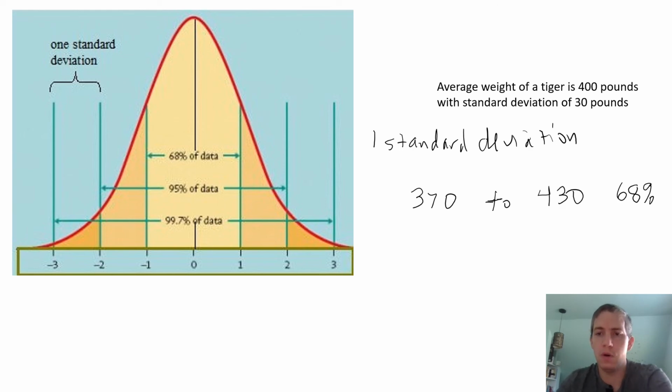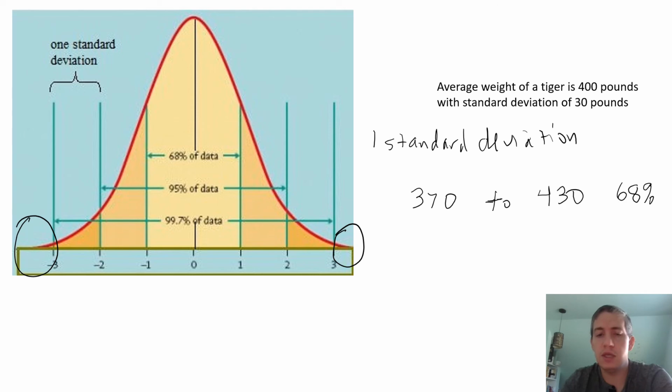Now, why that's important is because if you were to find an adult tiger who is 550 pounds, they are in that very, very small tail on both sides of this graph. And what that means is the likelihood that you just have an average tiger or a tiger in that range is really unlikely.